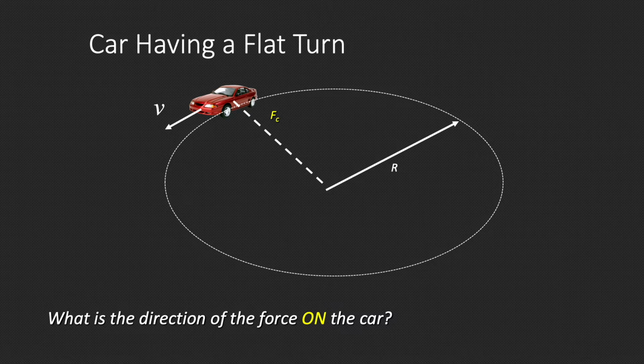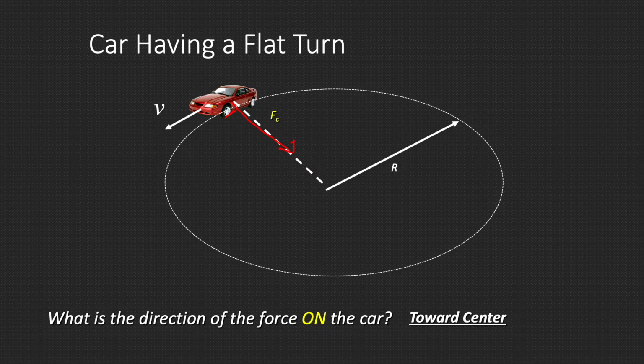Now, if a car is having a flat turn, meaning it is moving in a circle on a circular path on a flat surface, and the radius of the circle is r, what is the direction of the force on the car? Of course, it is directed towards the center. So now here is the direction of the force. This is the centripetal force, which is F_c, and this central force is exerted by the road on the car.